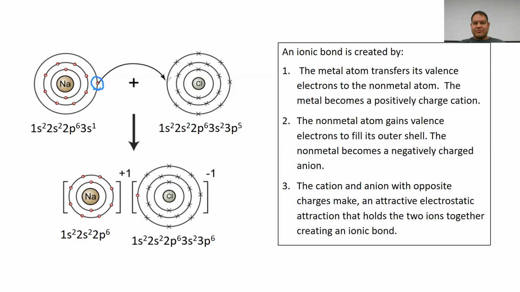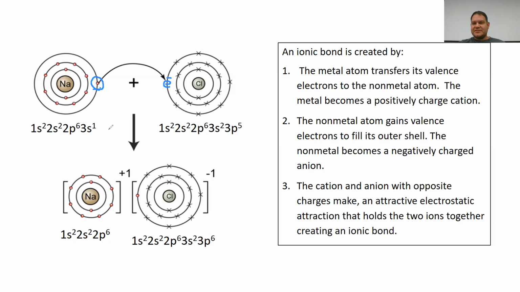And once that chlorine adds an electron to its valence shell, now it has a full octet and a full shell. Look at this, 1, 2, 3, 4, 5, 6, 7, 8. 8 electrons around that shell, okay? And we're pretty good, okay?